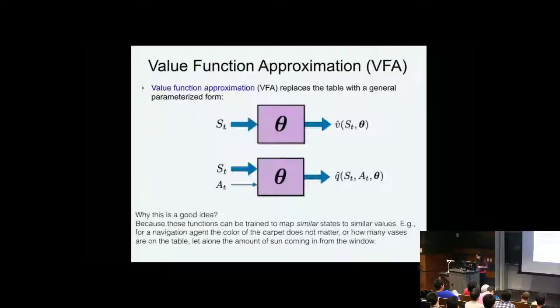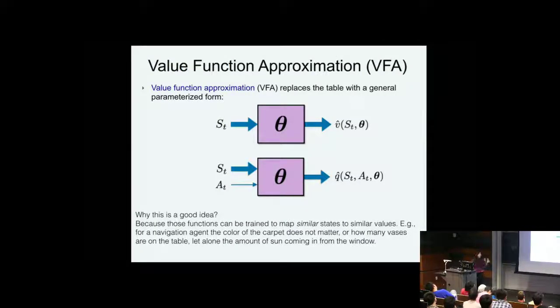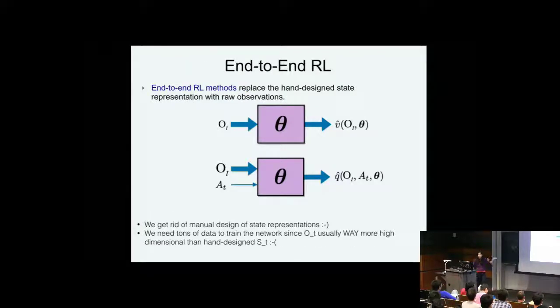Great, so these are basic things that we need to know. Let's go back to our problem, which is what? How can we go from state as input to observation as input? This is our question. And what type of architectures should we use to effectively take observations as input and compute value functions?